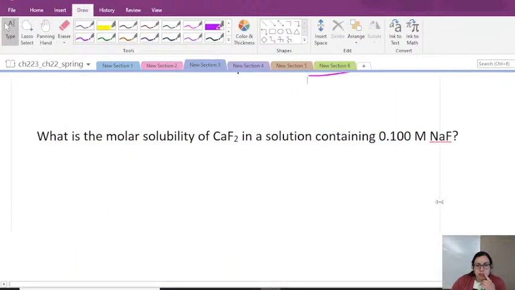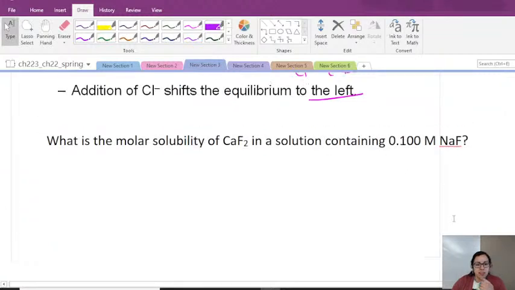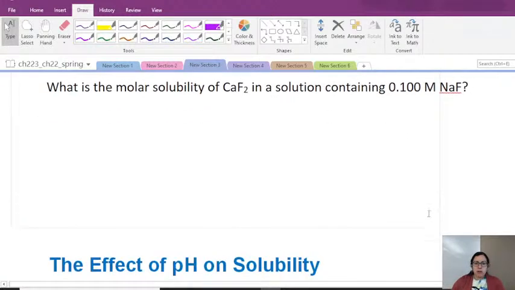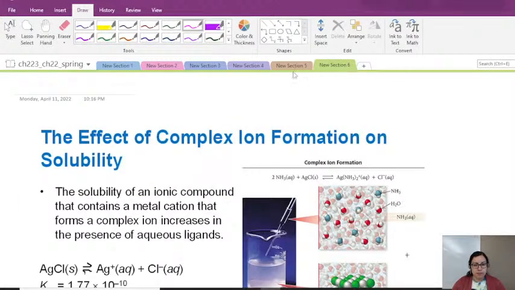Now we can do an ICE table again to quantify this. You might want to know, what's the molar solubility of calcium fluoride in a solution that contains 0.1 molar sodium fluoride? Let's first grab our Ksp, 1.46 times 10 to the negative 10.